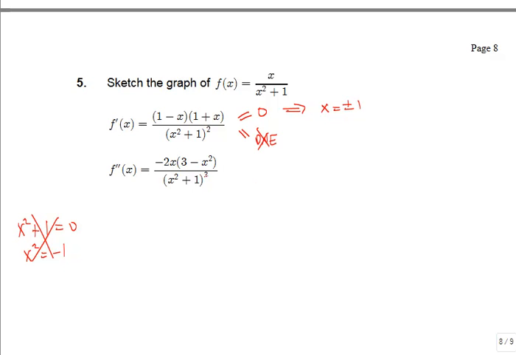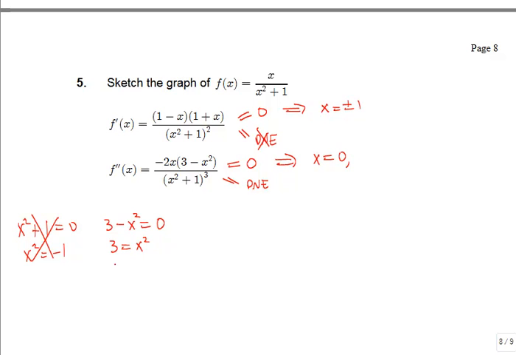Okay? Let's go ahead and find our critical numbers for the second derivative. So we're going to find out where that numerator is 0, and we're going to find out where the fraction is DNE. So the top, again, is nicely factored. Where this x is 0, we will get a 0 in that numerator. And where this whole factor is 0 will give us another solution. So where does 3 minus x squared equal 0?